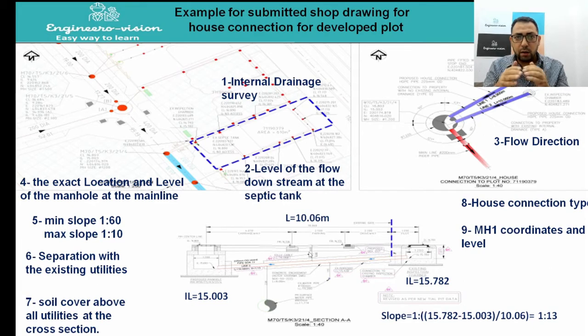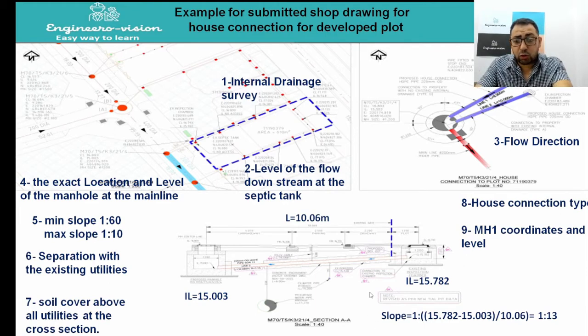We have to fulfill all the requirements of the different authorities on the separation between the utilities. For example, we have to maintain 0.5 meter below the LV cable and 1 meter below the EHV cable, and we will go through these details, as I mentioned before, in the coming few sessions.